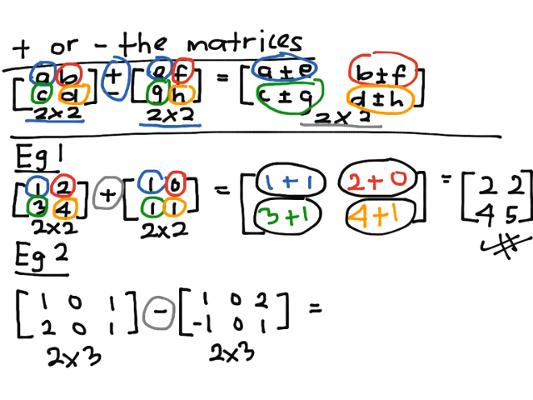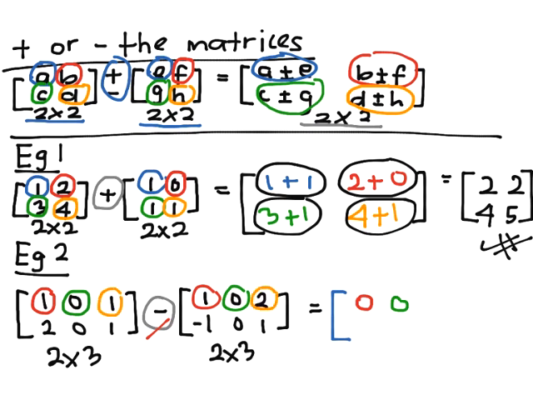So our final answer will come up with, for the first one, 1 minus 1. So 1 minus 1, we will come up with 0. Why do we do minus? Because we are doing the operation of minus. For the second position, we have 0 minus 0. So 0 minus 0 is also 0. The third position, we have 1 minus 2.